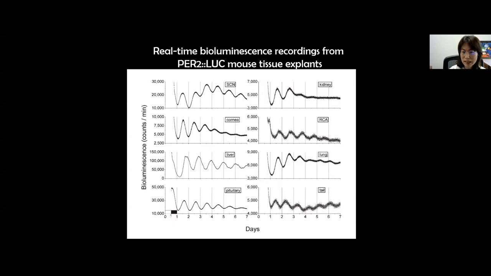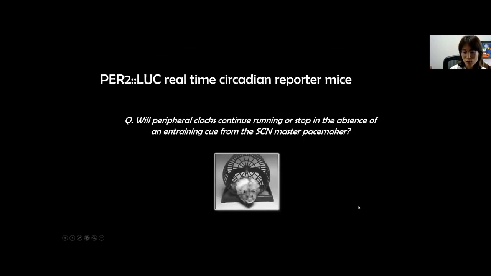And then culturing many other tissues from these mice told us that the clock is pervasively everywhere, not only in the brain but in many different peripheral tissues, including the tail. So using these mice, we asked a very simple question: does the peripheral clock stop if the SCN clock is not there anymore?